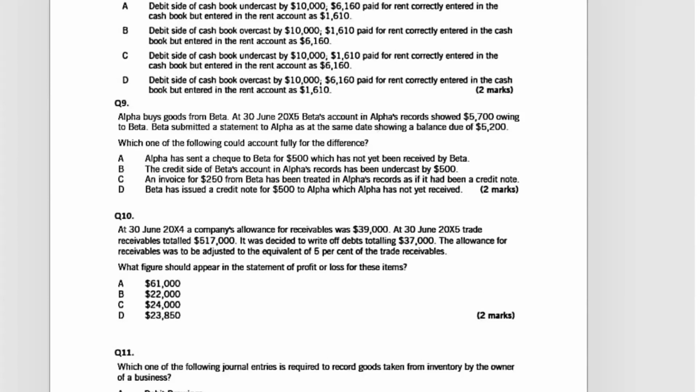Alpha's book was showing 5,700, but Beta had only the record of 5,200 at the month end.